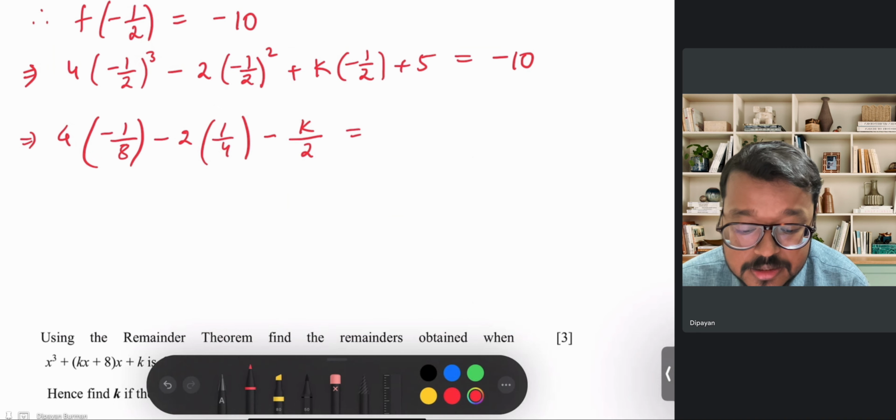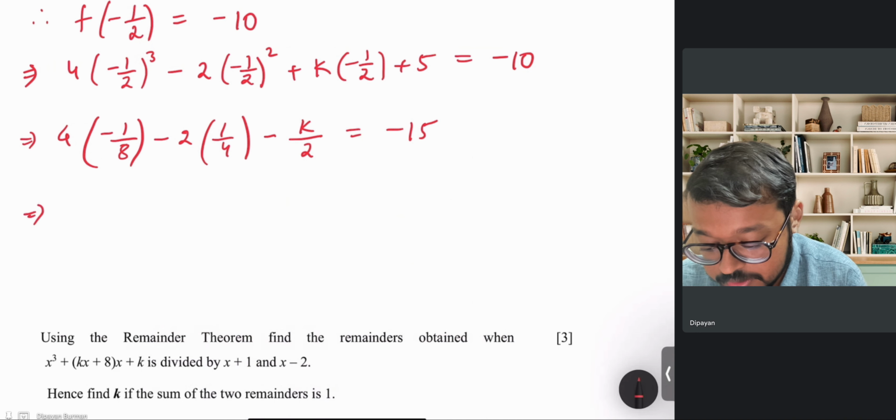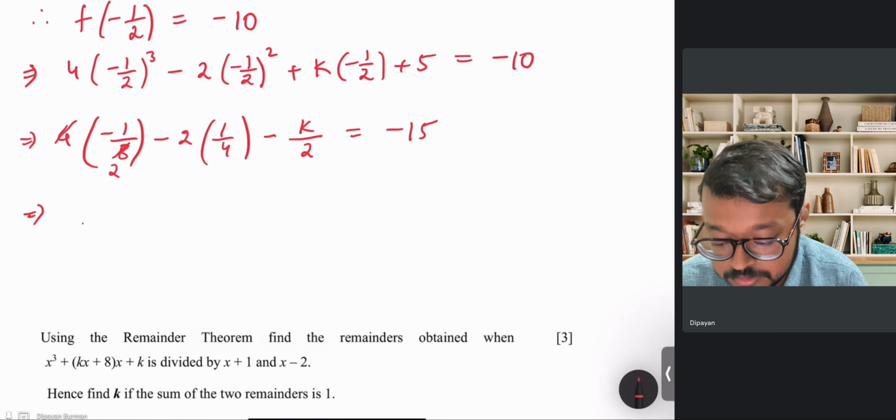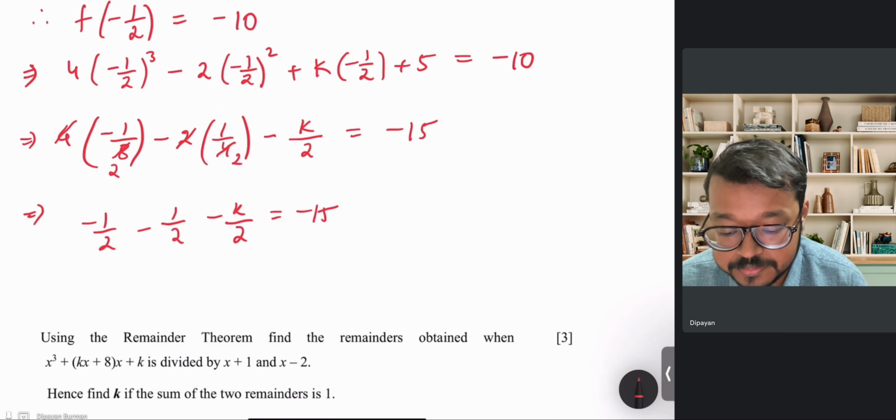So minus 10 minus 5 is minus 15. Then if I cancel it, this is minus 1 by 2, and this is also minus 1 by 2, minus k by 2 equals to minus 15.